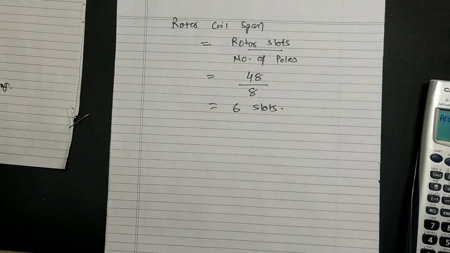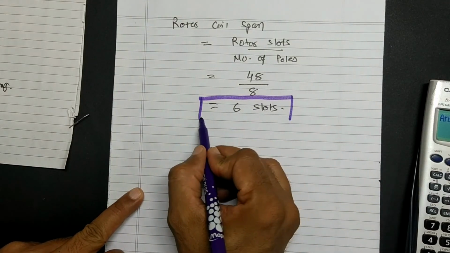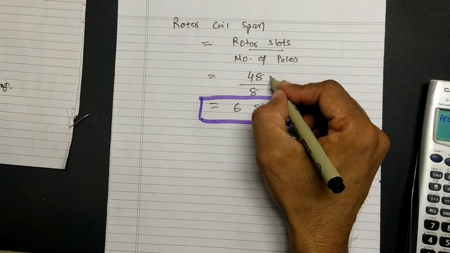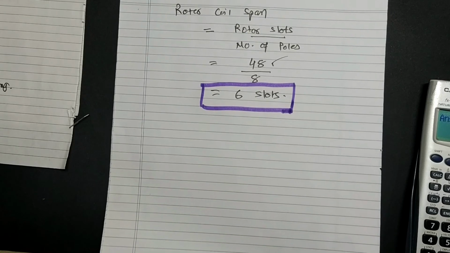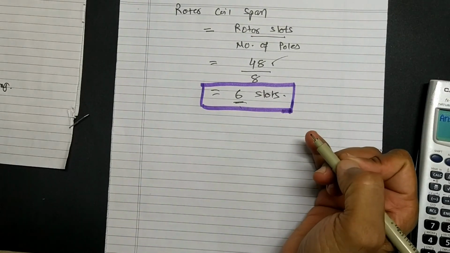If we had considered 72 rotor slots, then considering a full pitch coil, the coil span would be 9 slots, right? But in this example we have considered 48 rotor slots, so our full pitch coil span is 6 slots, right?